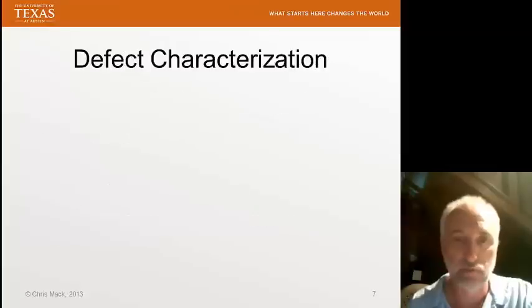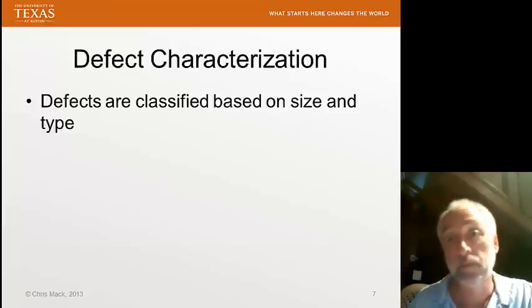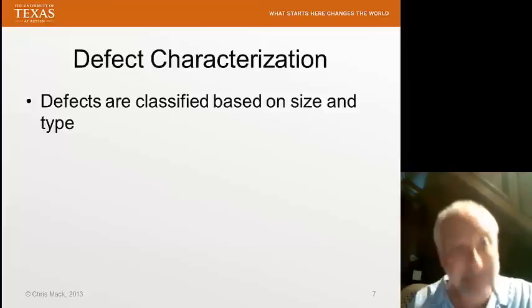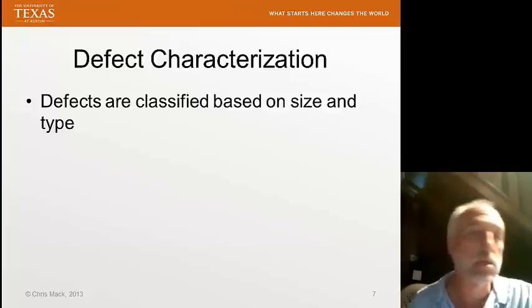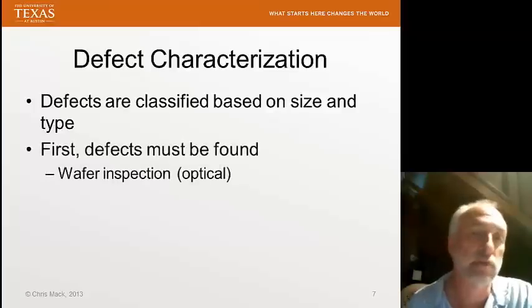Let's look at those very, very quickly. Defects are classified based on size and type. We want to know how big it is, because that affects our yield estimates. But we also want to know what kind of defect it is, because that helps us understand where the defect came from and what we have to do to eliminate the source of those defects.